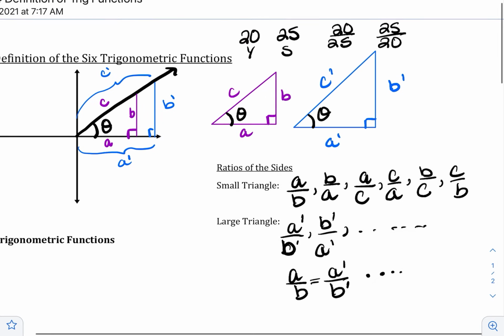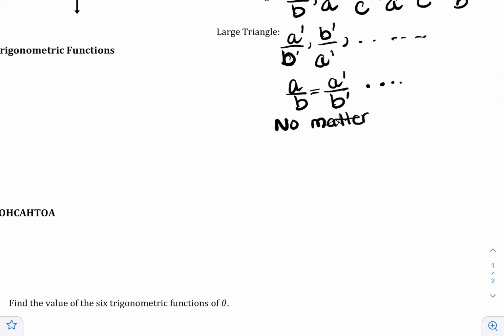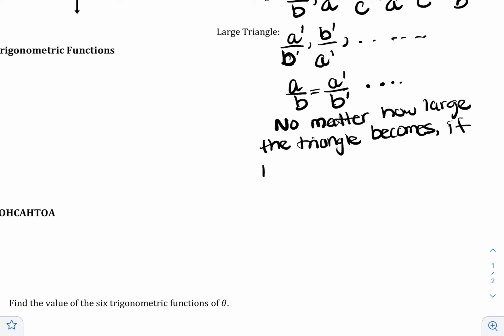So the key that's happening here is that no matter how large the triangle becomes, if the angle is the same, and that is really the key. The star of the show is the angle. If the angle is the same, the ratios are the same.